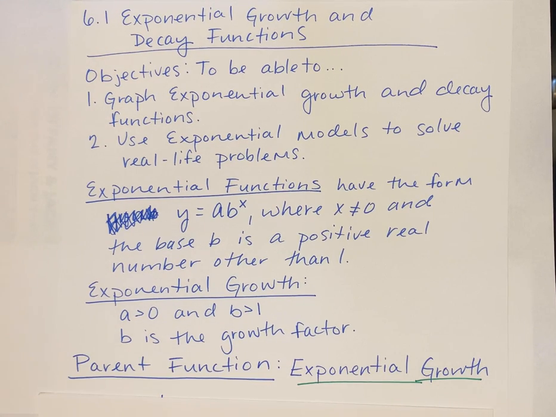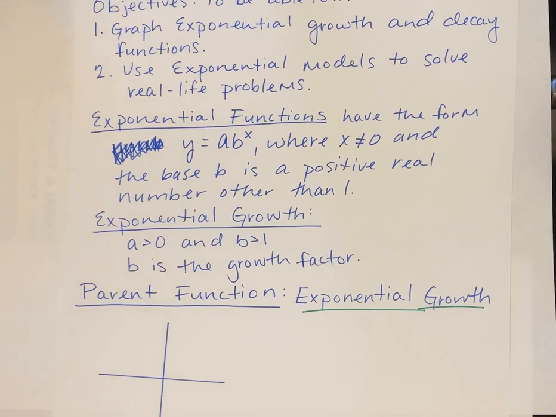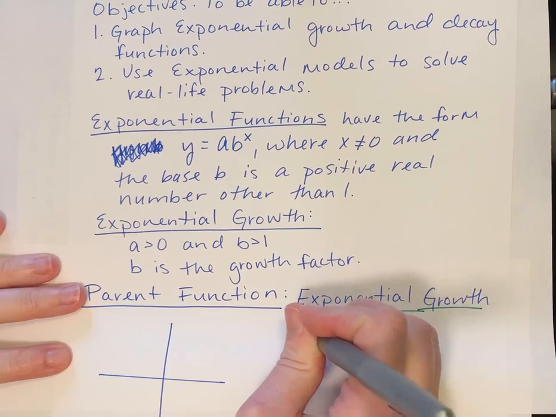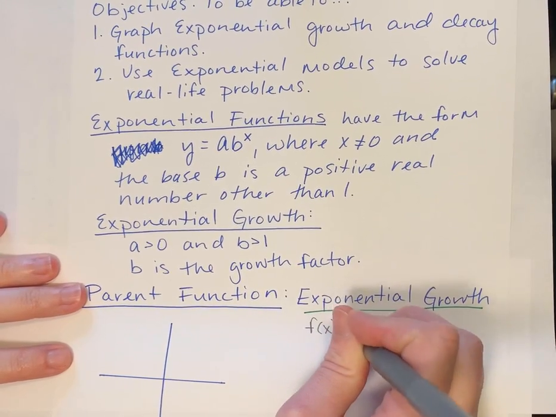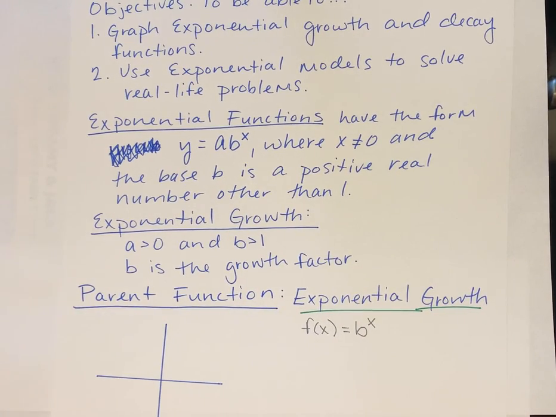We're going to look at both parent functions for exponential growth and decay. So first, exponential growth, we're looking at a function where f of x is equal to b to the x. So this will be our parent function.